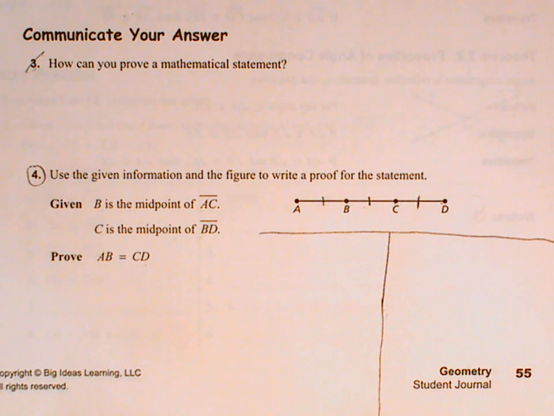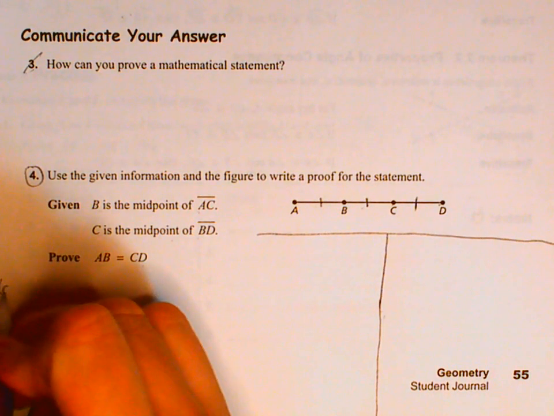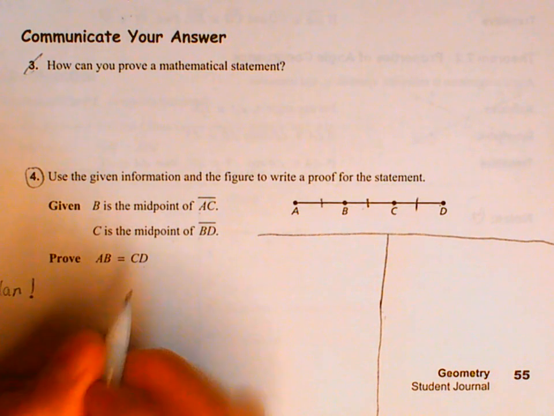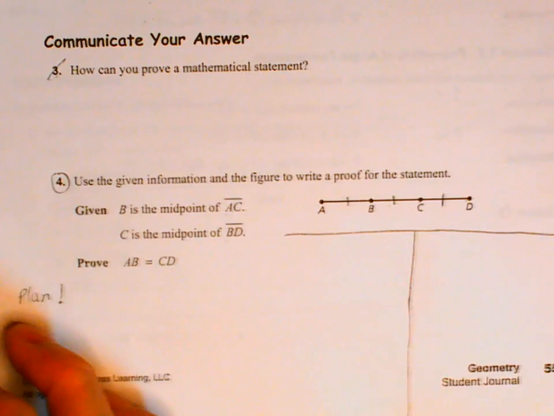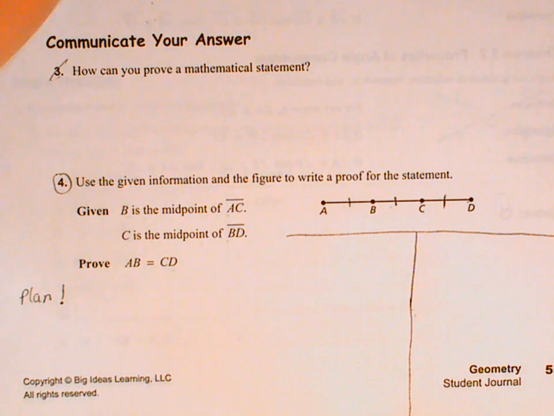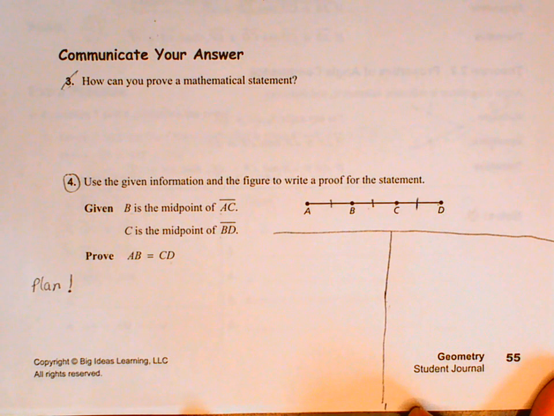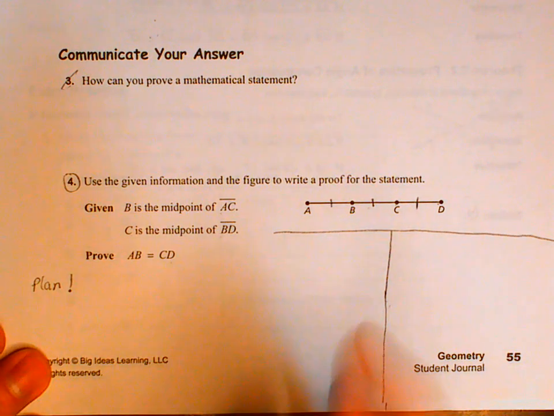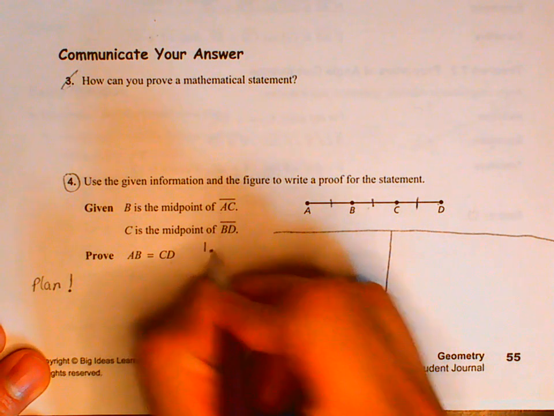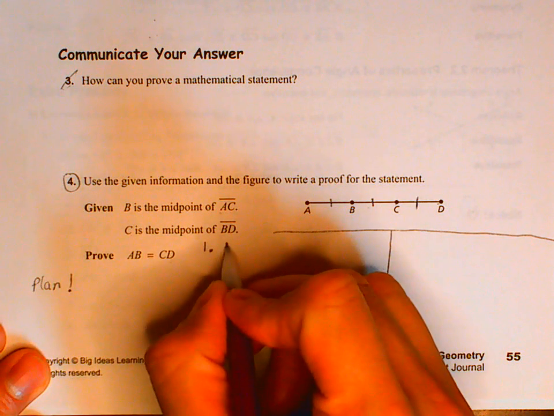Okay, you have to develop a plan before you start any proof. And that's probably the hardest thing. Come up with a plan that's going to work. Okay, but we have a plan now. All right, so let's go ahead and start. All right, step 1. We got to list what's given.